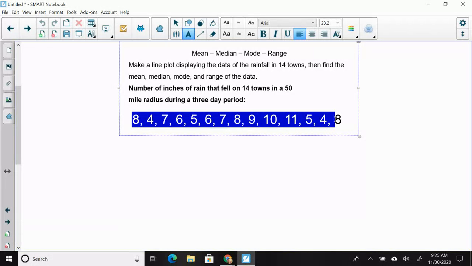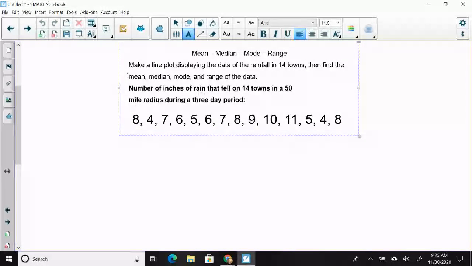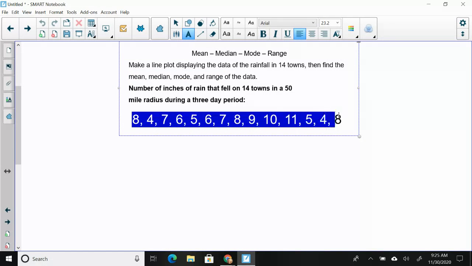That is going to help us make our line plot and keep our information organized so that we are then able to find the mean, median, mode, and range of this set of data that we're talking about. So the first thing that we're going to do is rewrite the numbers here in order from least to greatest.